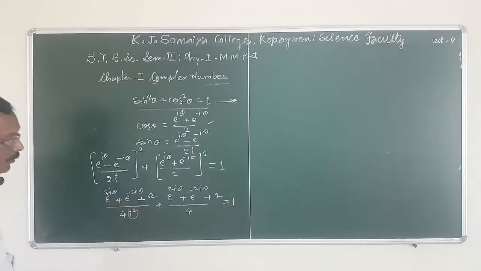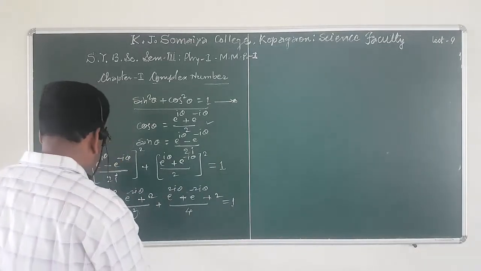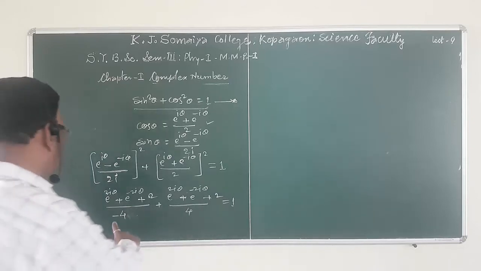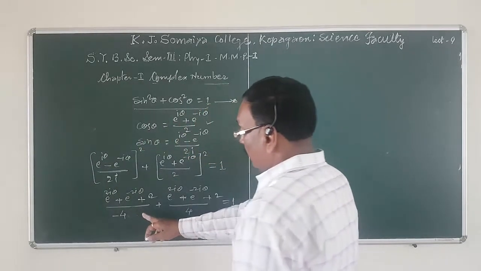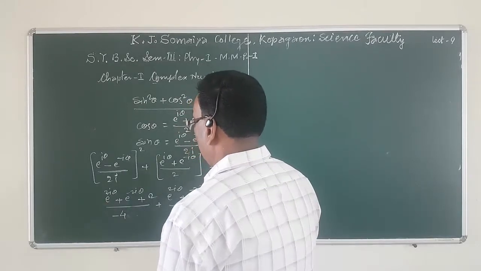But the value of i square is equal to minus 1. Therefore, here we can simply write minus, and instead of this we can take the minus sign above.